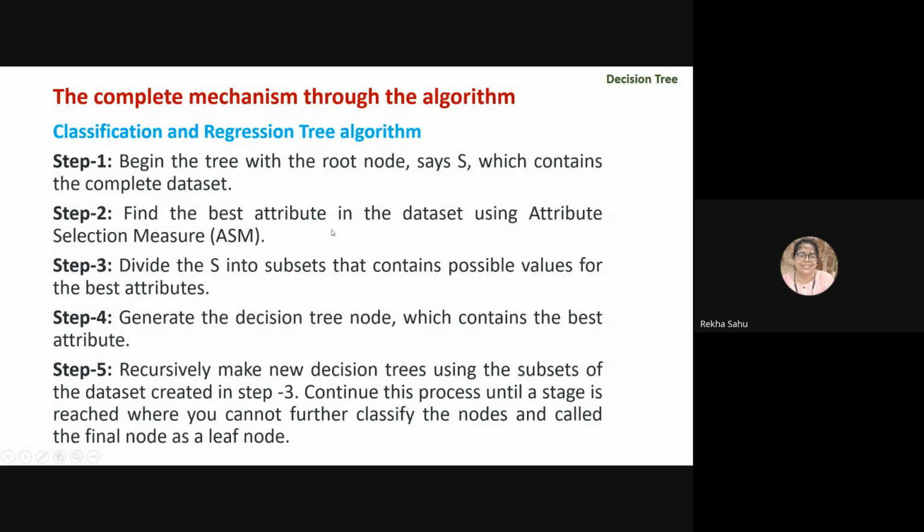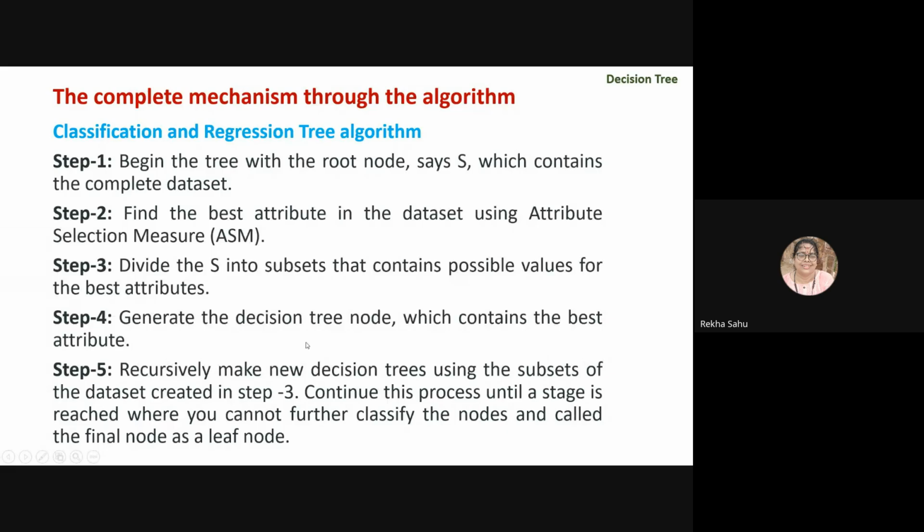According to its value, the tree is split. Split means that, according to the value of some attribute, you will divide the data set into 2, 3, or 4 parts, subsets of the data set.